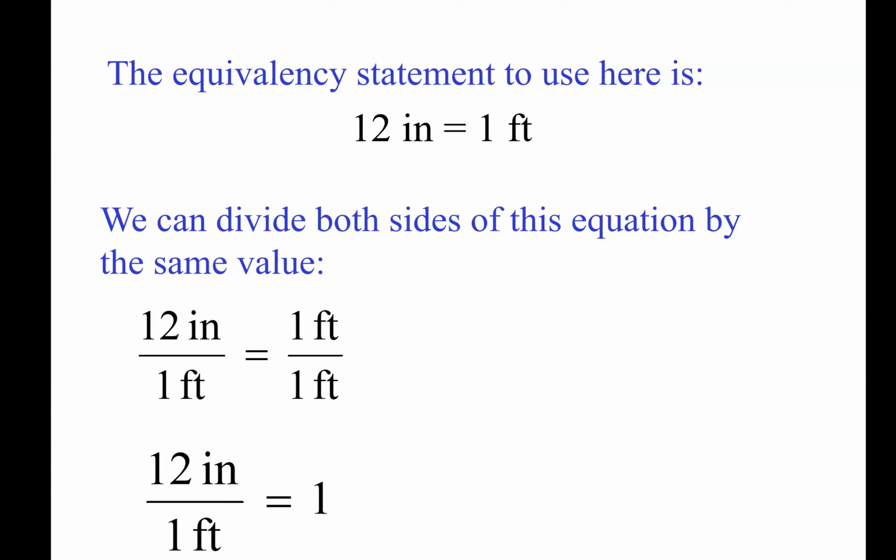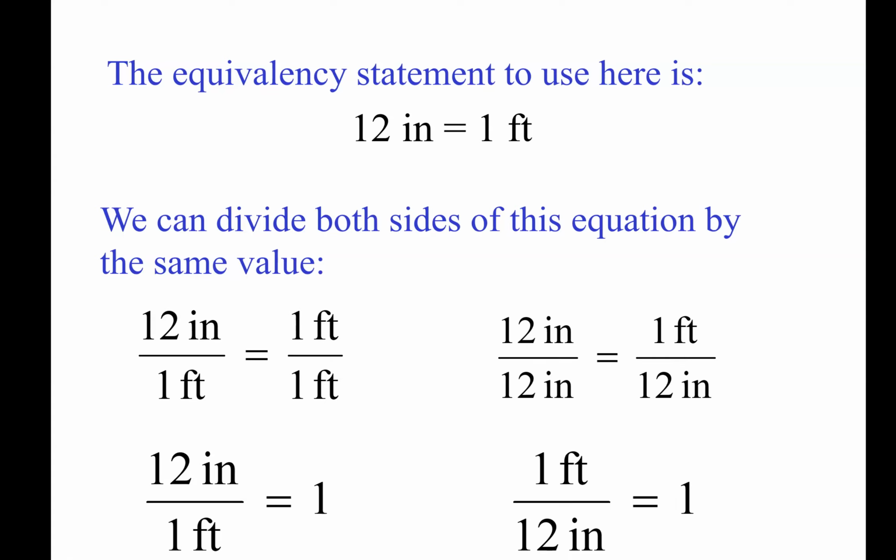You got it. What if I divide both sides instead by 12 inches? 12 inches by 12 inches is 1. So that means this over here is also 1. What's the relationship between 12 inches to 1 foot and 1 foot to 12 inches? The word I'm thinking of starts with an R. Ratio. They're both ratios.